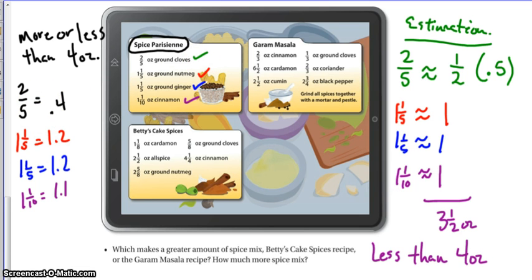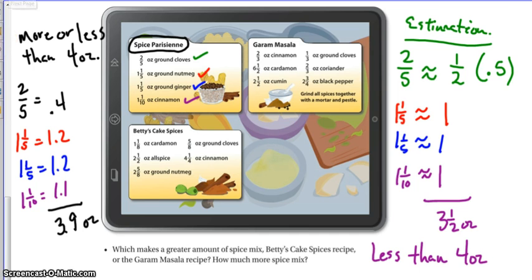So I'm going to go back to the black over here for a second, and we are simply going to add up these decimal numbers we came up with. She's actually going to use 3.9 ounces. So she's very close, but it's still less than 4. So my estimation, even though it was technically an underestimation, is still correct because I came up with an answer that was less than 4.